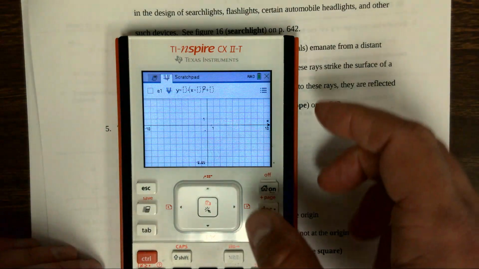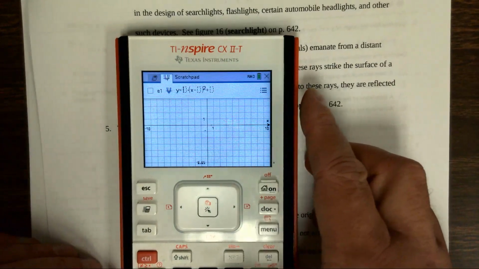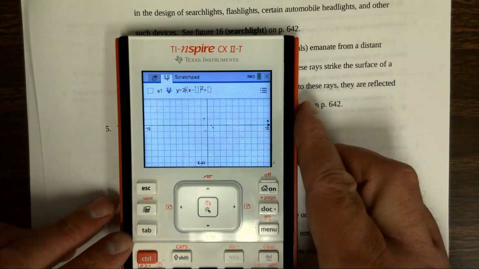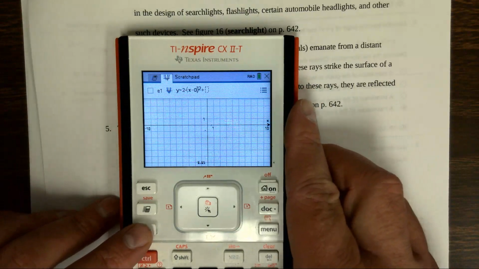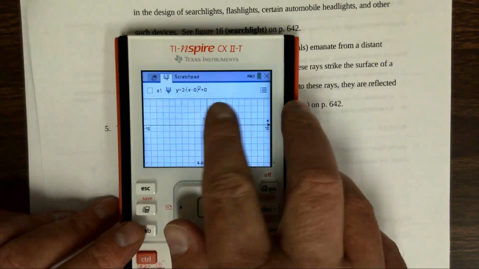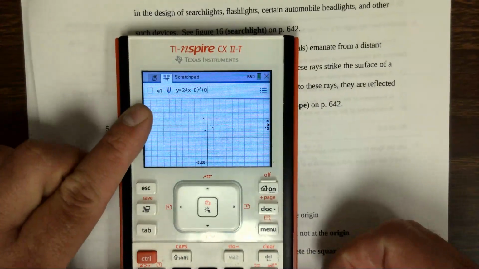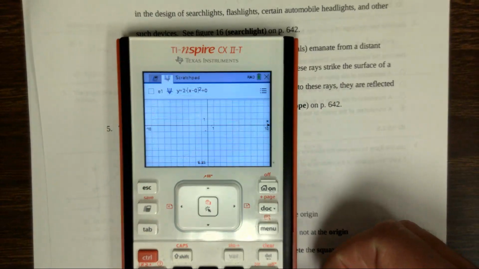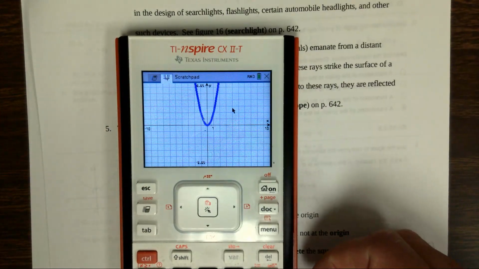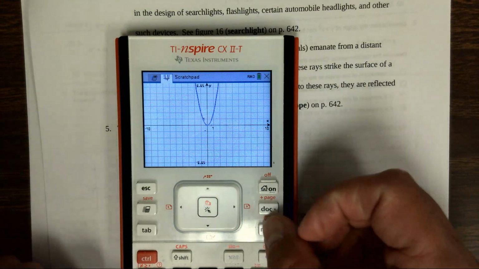So I'm just going to do a basic one. I'm going to put 2 in front and then make it at the origin. So if I'm making it the origin, I just keep it at 0, 0. And so there it is.